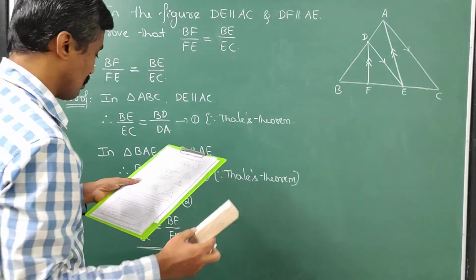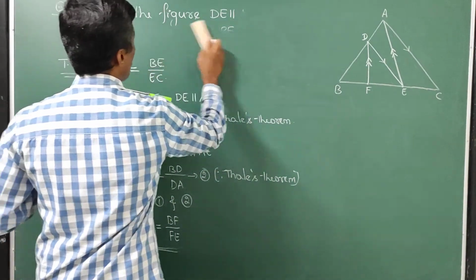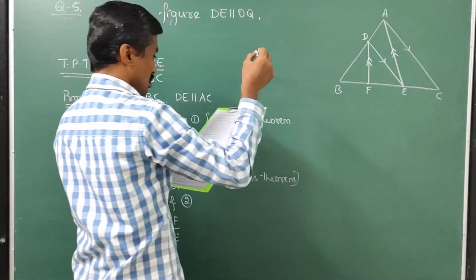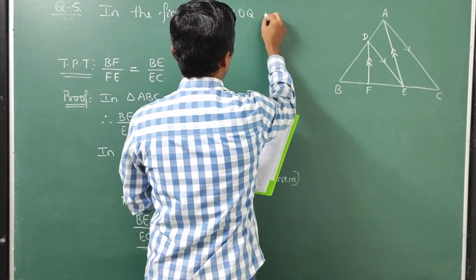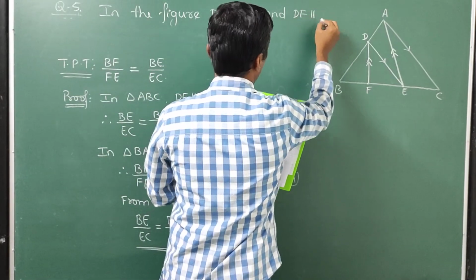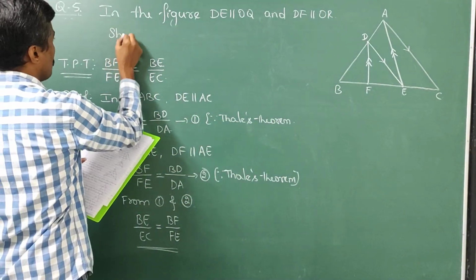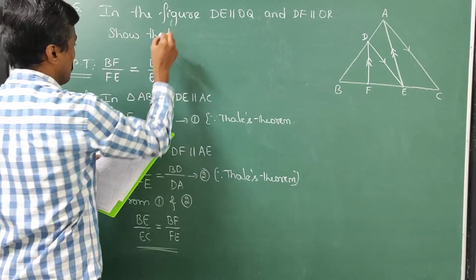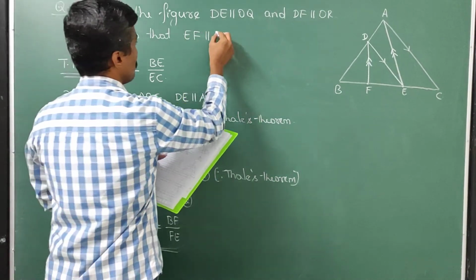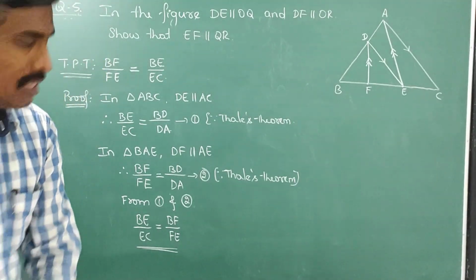Once again, a figure is provided. In the figure, DE is parallel to OQ, and DF is parallel to OR. Show that EF is parallel to QR. Two data, DE parallel to OQ and DF parallel to OR, are given.